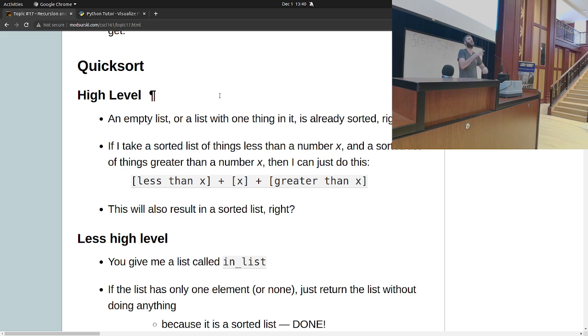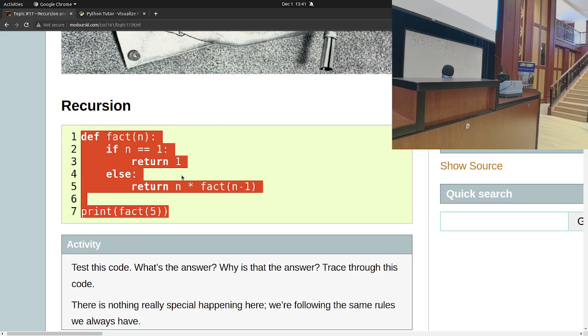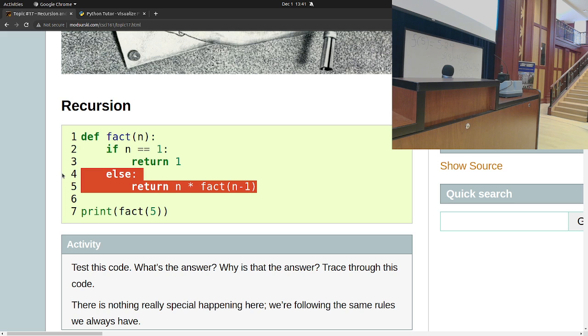And then we also need the recursive step, the part that calls itself. So if I go back up to this example here, this is the base case, this is the bottom, and this is the recursive one. It might be easier to identify the recursive one first because it's the line that calls itself, where it calls the function. And then the base case is the alternative.